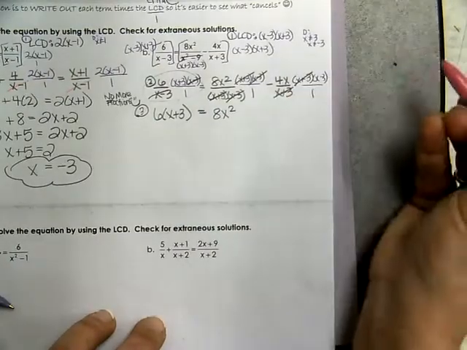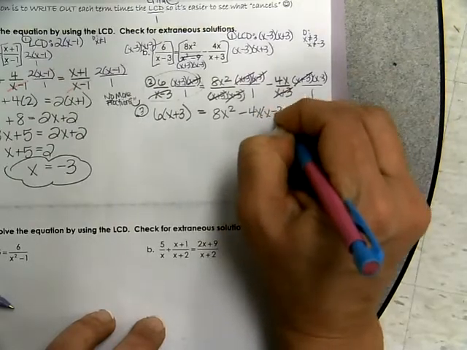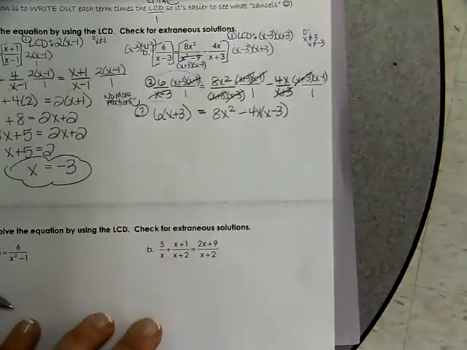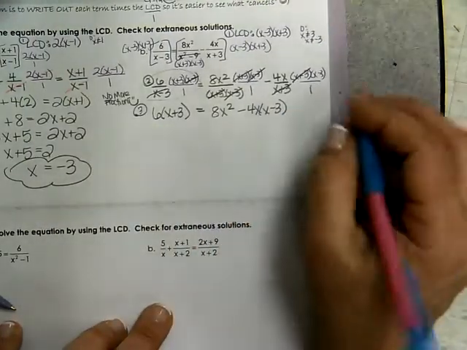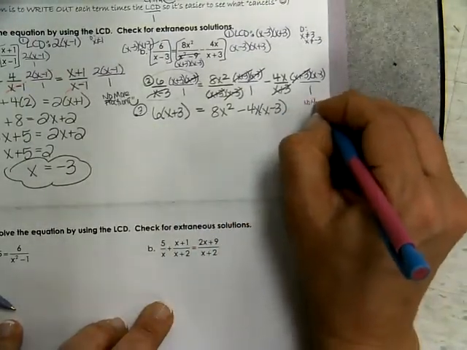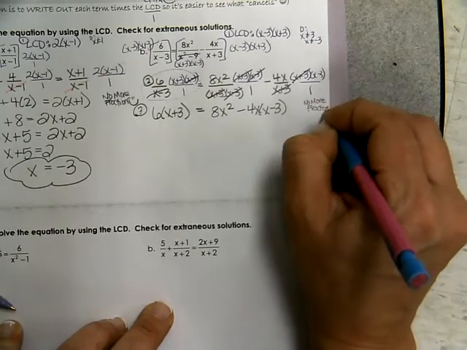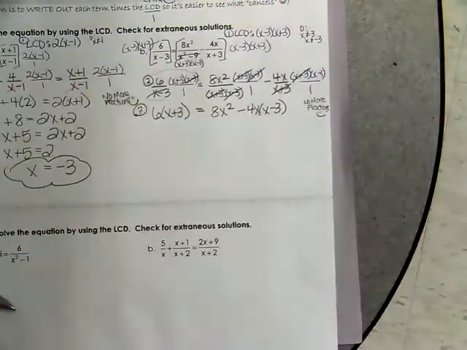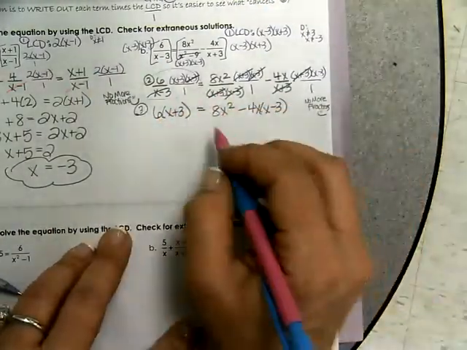Here, x plus 3 cancels, and I just have negative 4x times x minus 3. Again, in step 3, notice that we have no more fractions. That's the goal when we have the equations, is to multiply by the entire LCD to get rid of the fractions. And so now in step 4, we just solve.